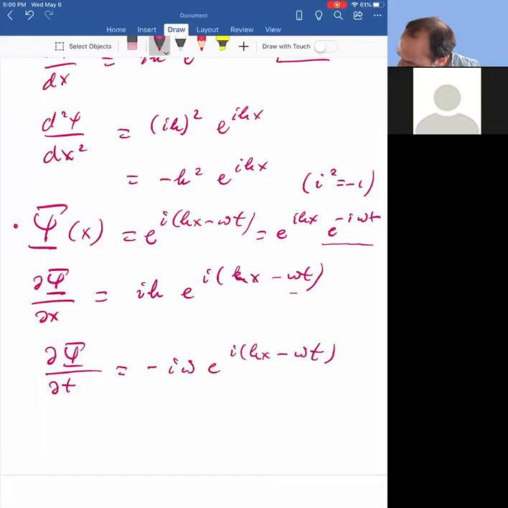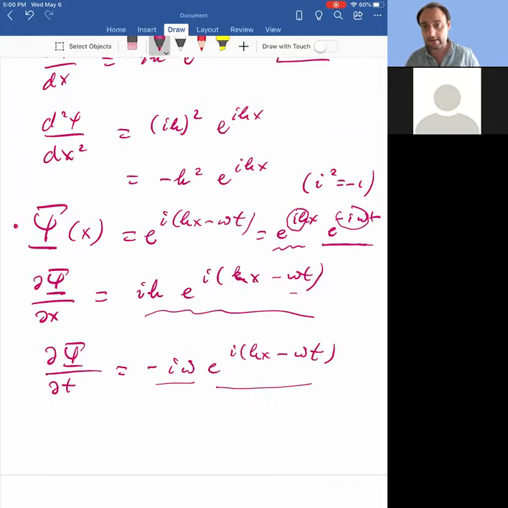You bring the ik down, and then you put them together again. That's why you get this. When you take the derivative with respect to time, now this is the live thing, and this is the dead weight. You bring the whole thing down, you leave the exponential, and then you put the two exponentials back together, and you get this. That's how I think of it.